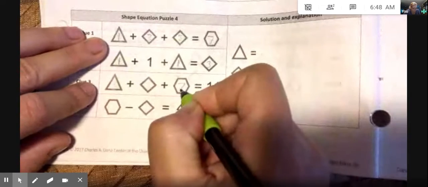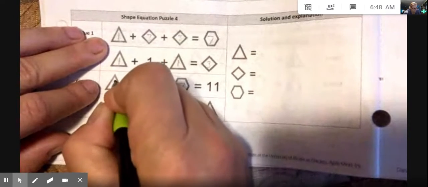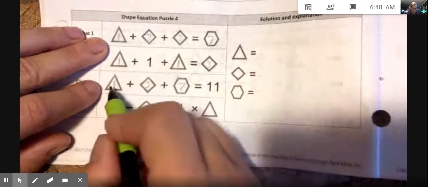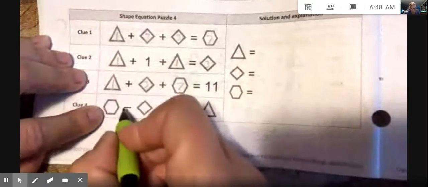So that'd be a 7, 3, and 1. 7, 8, 9, 10, 11. Ooh, that works. Okay, please work down here then.